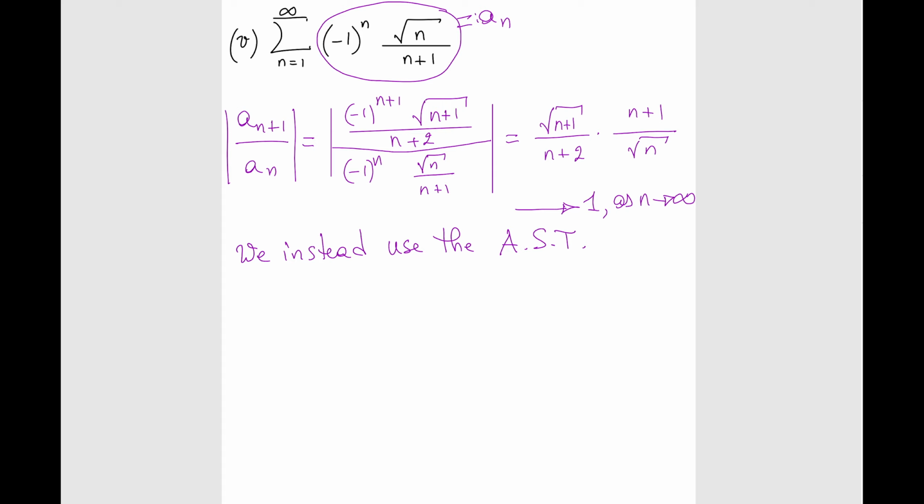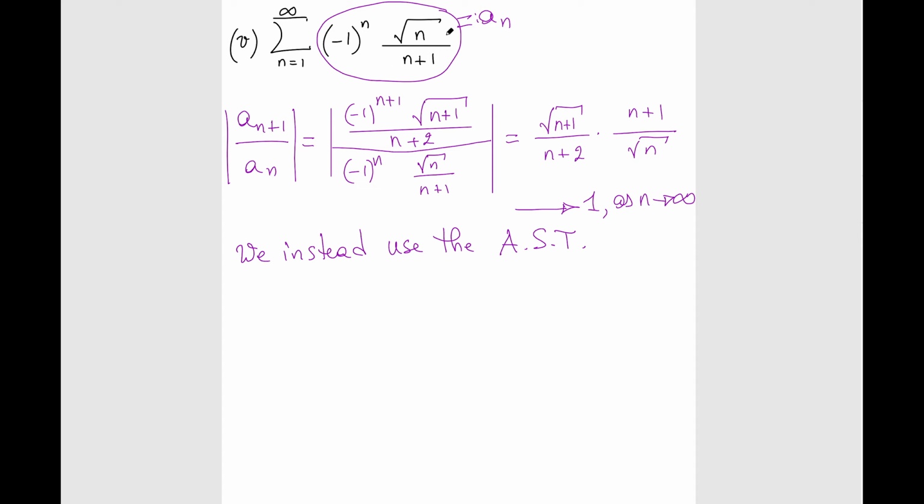Okay, let's remind ourselves what the alternating series test says. It says that if you have a series that looks like this, (-1)^n times terms, and if you happen to have that these terms are decreasing to 0, then the series is going to be a convergent series. Correct?